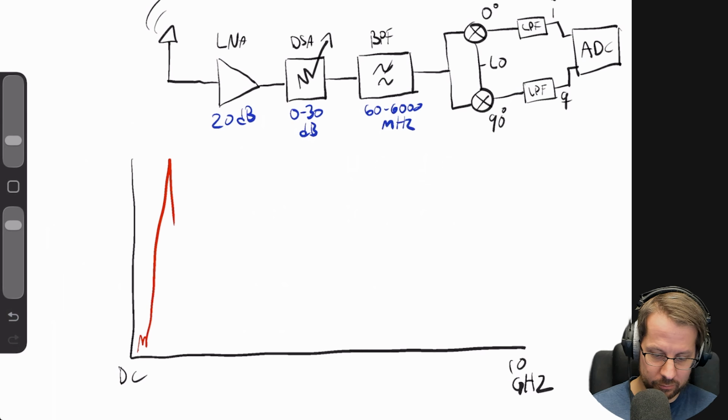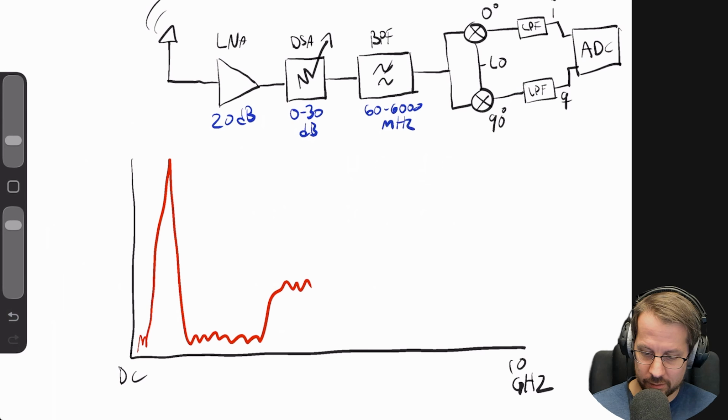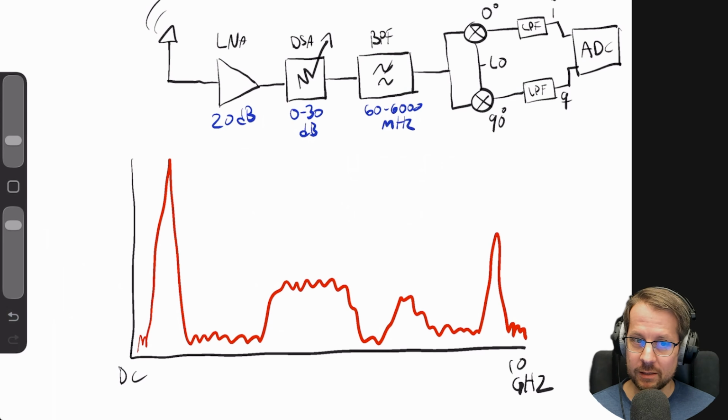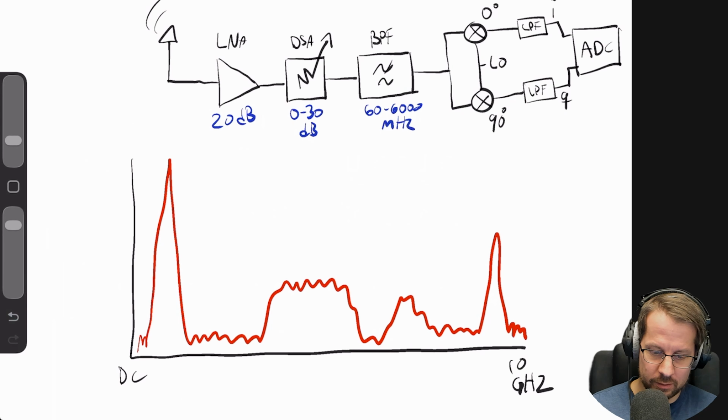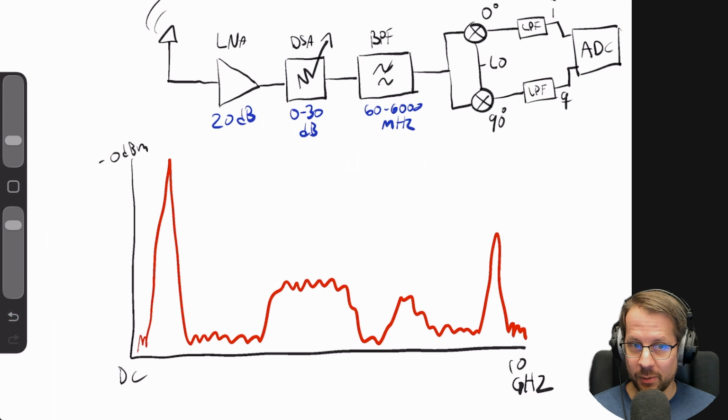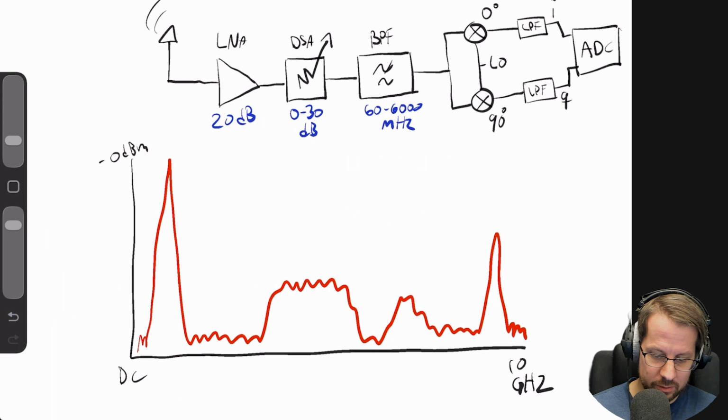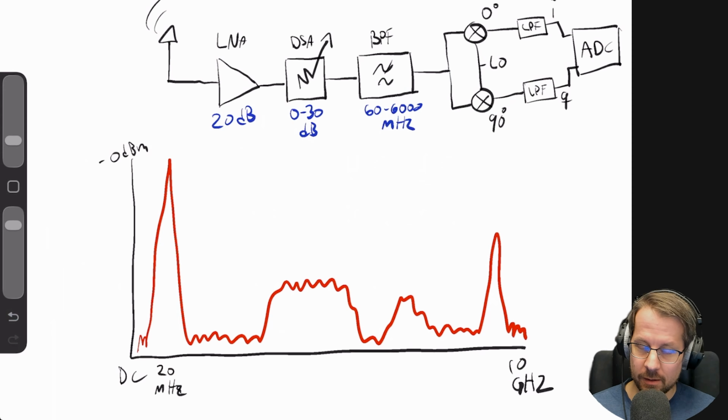Some spectrum, this is really high, this here, there, right? This is a spectrum that you're currently seeing now. And we have this really, really strong signal, 0 dBm, really, really strong signal spike here, right? And this can be at 20 megahertz, right? So this is on 20 megahertz.